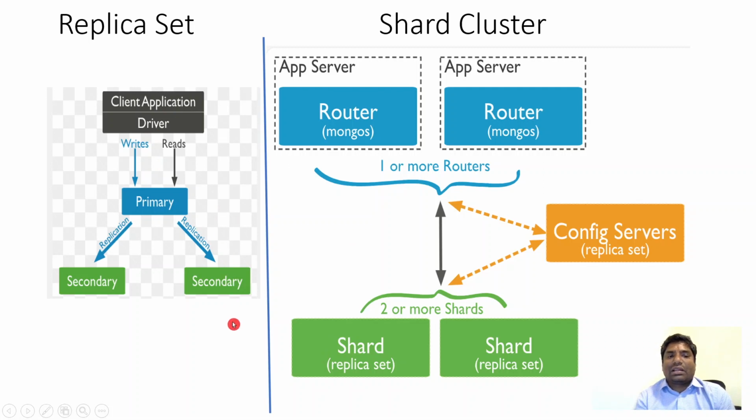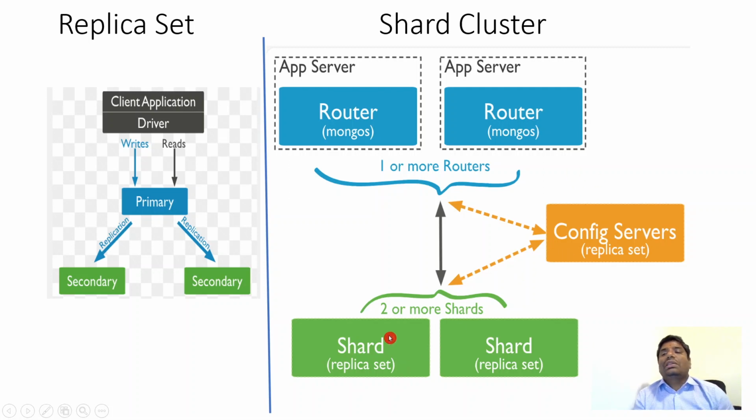Try to understand the replica set first, then you can understand this. So here data will not get distributed, but here yes. So your shard key data will be partitioned into two or more nodes, depending on the internal algorithms used by the sharded cluster concepts.